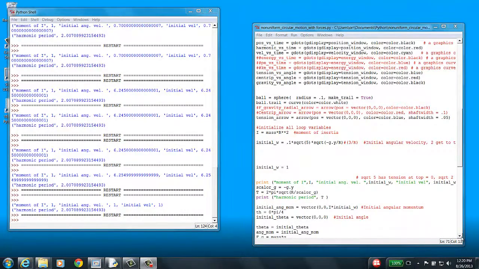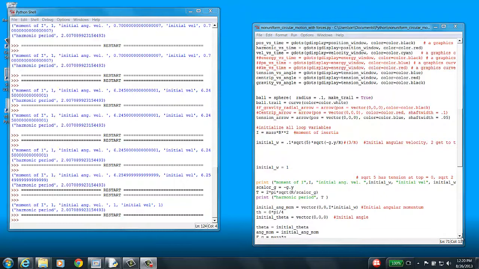I'd like to show you the simulation for non-uniform circular motion. This is a situation that was appropriate to having a bucket being swung around in a vertical plane with gravity present. So the variable parameters are what angle you start it, what initial velocity the particle is given, its mass and such.